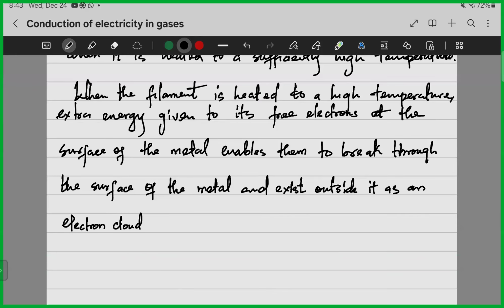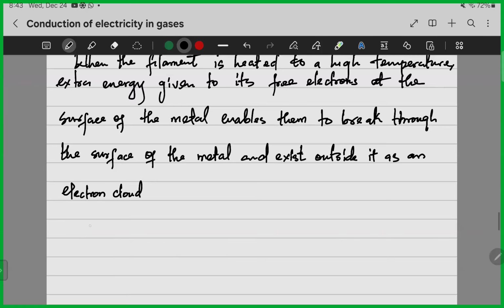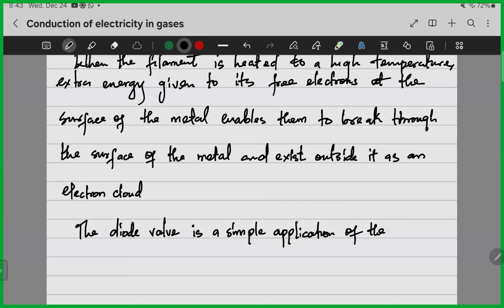The diode valve is a simple application of the principle of thermionic emission.